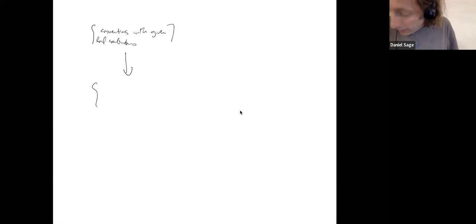You can go down to connections with given formal types. This is all up to isomorphism, of course. And then you can also have this map into Stokes data, or if you prefer, generalized monodromy data.